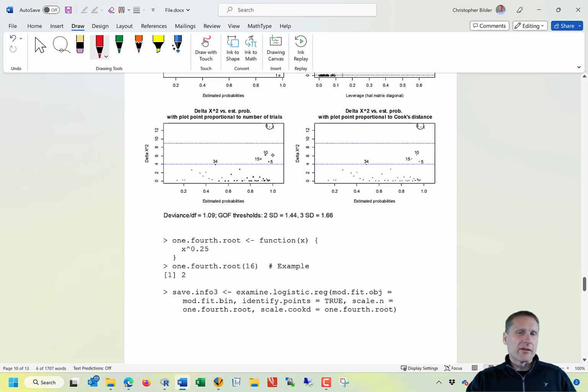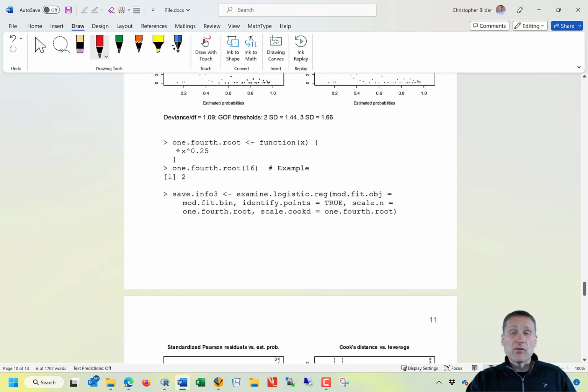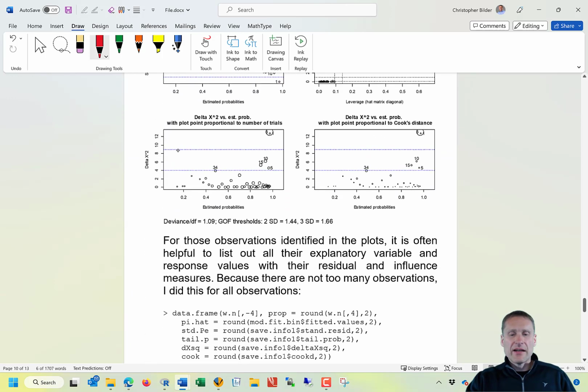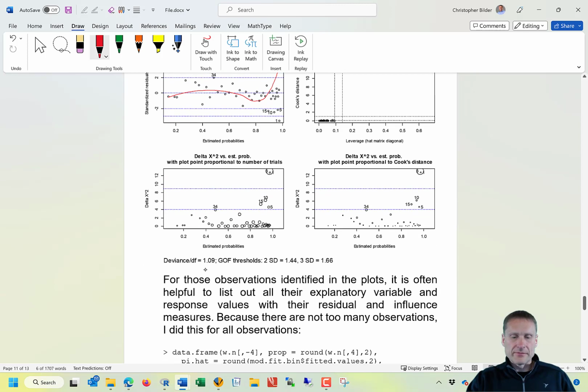For this particular data set, though, I have found that using a 1/4 root seems to work well. When I use that here, now we can see some of these plotting points being larger than before. We don't have such a big difference between number 3 and the rest. That can be useful to identify these. Notice, for example, 15 and 10 here are bigger than some of these other ones down there. Okay.